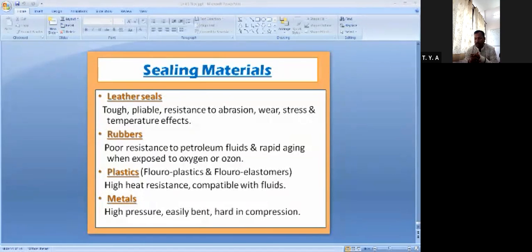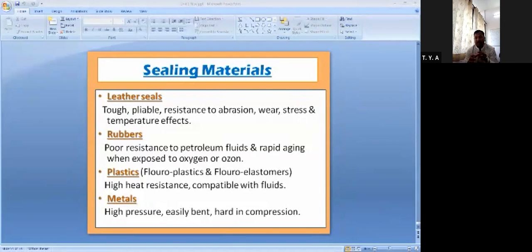Okay, so the selection of the correct packing and gasket, and their proper installation, are very important factors in maintaining an efficient fluid power system.